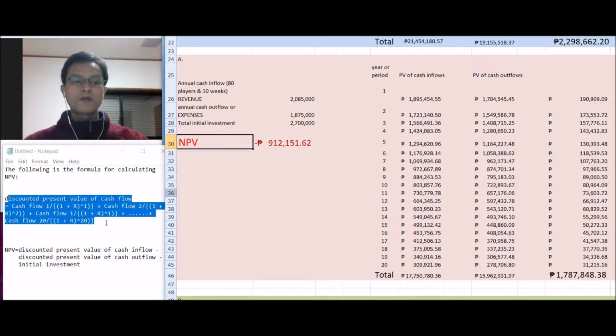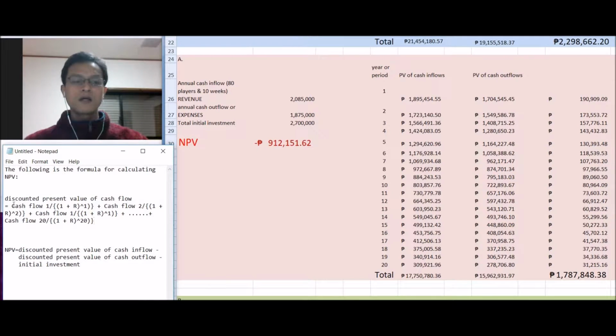So the formula is this one: cash flow for year number 1 divided by 1 plus the rate, which is 10%, raised to the power of whatever year you're on.